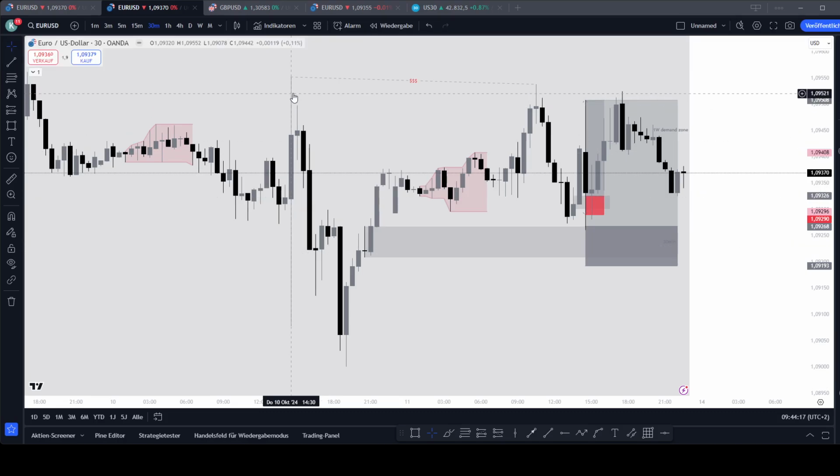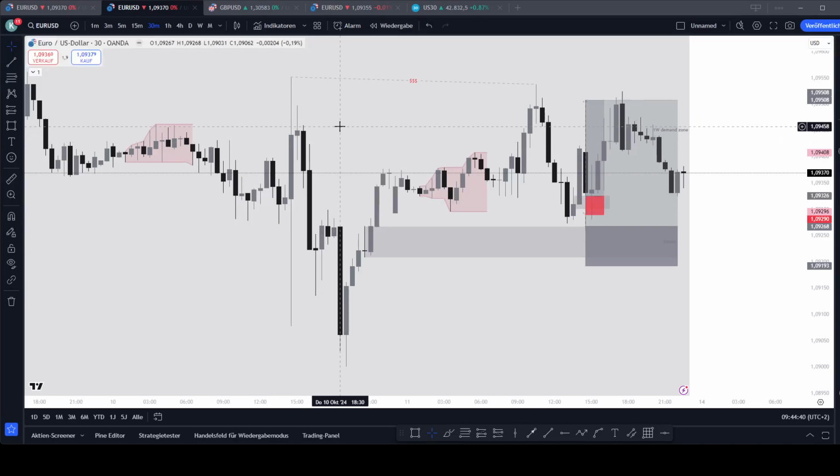This is price inefficiency based on my own concept. When we see a candlestick where the candle wick is far greater than the candle body, in the future price might come down to fill that wick to at least 50%.